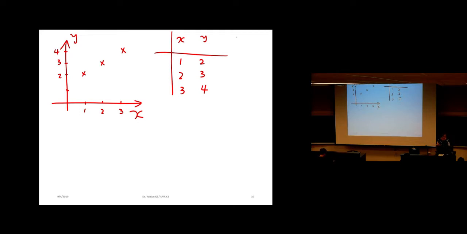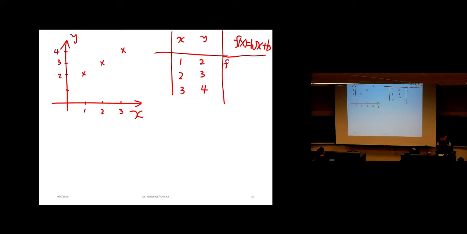So this is the training data. My f(x) is equal to wx plus b. Now let's use the first x with the first f1. What is f1 here?